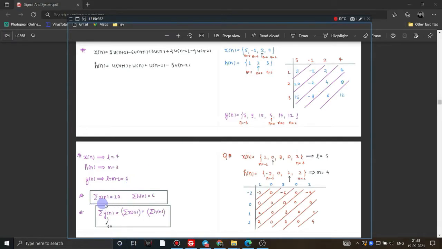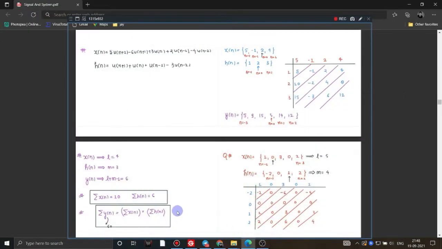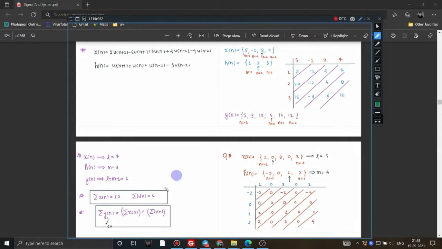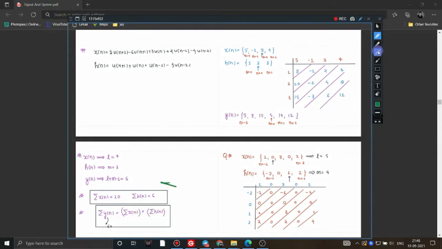So the summation of xn is 10 and the summation of hn is 6. So if we take the multiplication, we get 60. Also remember this: the summation of the resultant is the multiplication of the two.